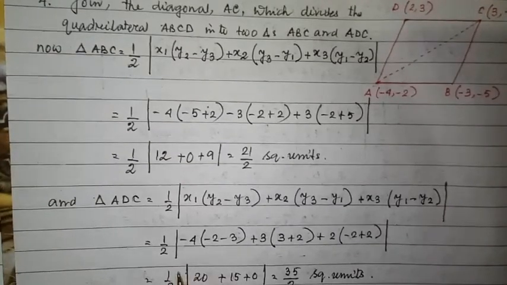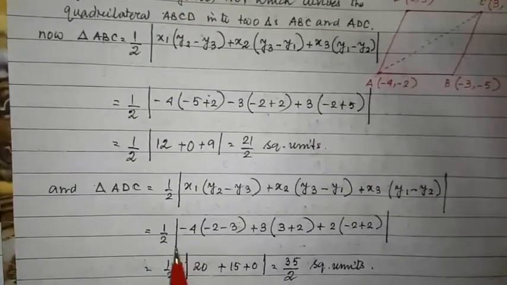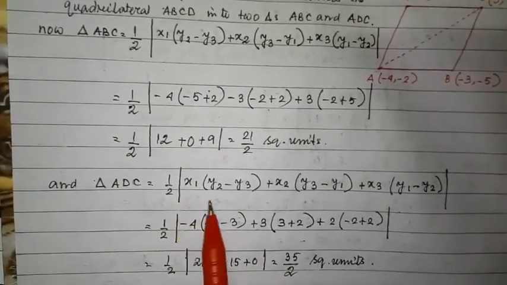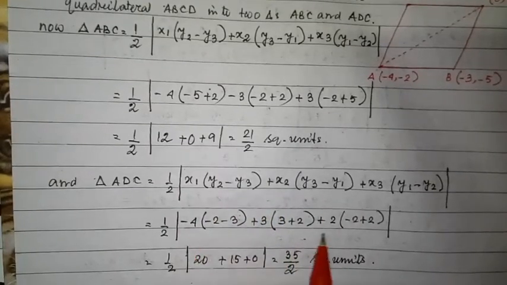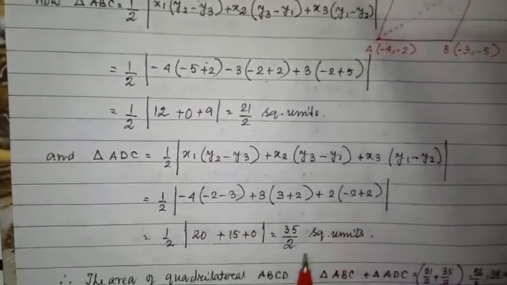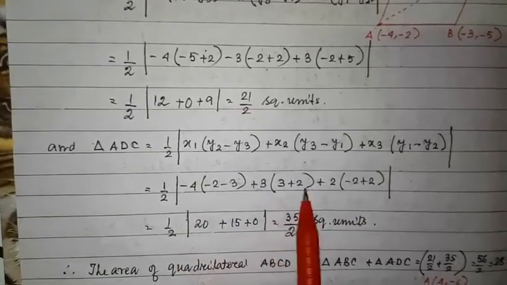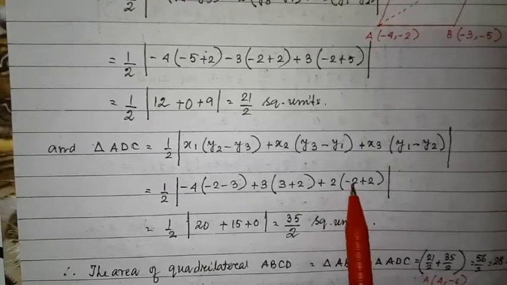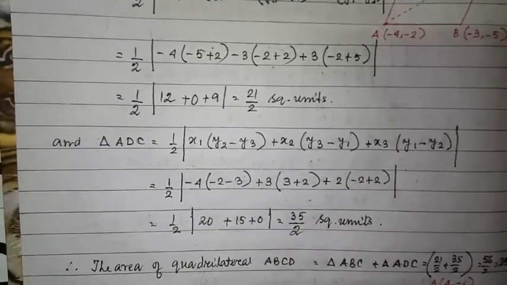Now half again, there is x1, y1, x2, y2, x3, y3. Let us put down the values. We will get these values. Let us simplify this one. We will get half, this is 20, this is 15, this is minus 2 plus 2, 0, so 0 into 2, 0. There is 35 by 2 square unit.